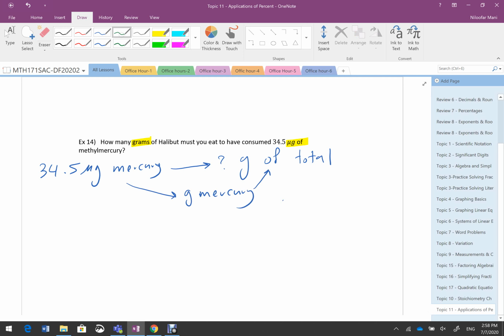How do I do this? Conversion factor, where I know the relationship between gram and microgram. And parts per million. Let's do it step by step.